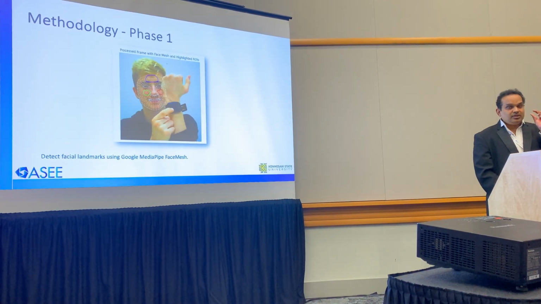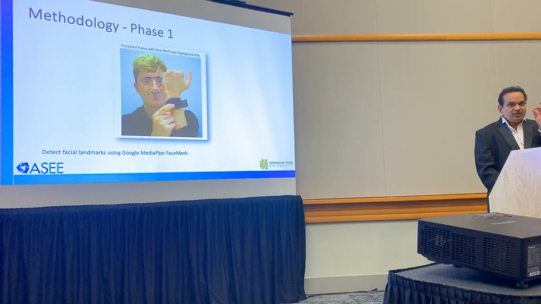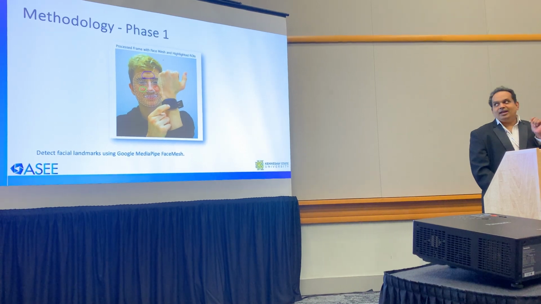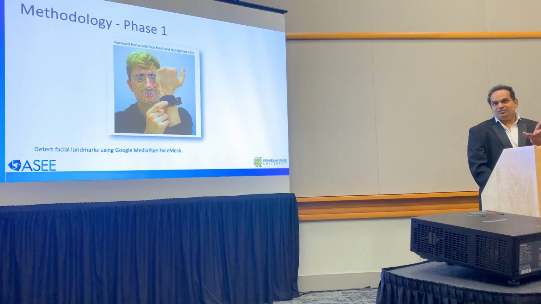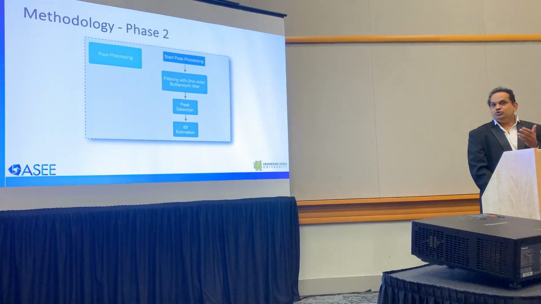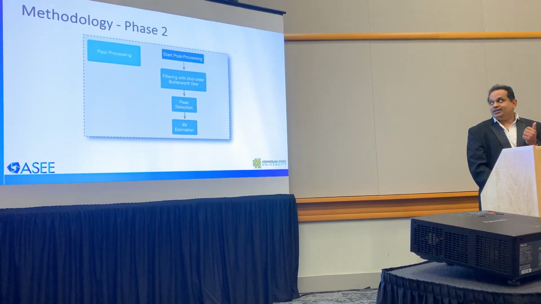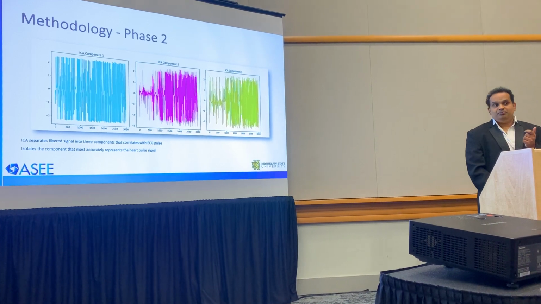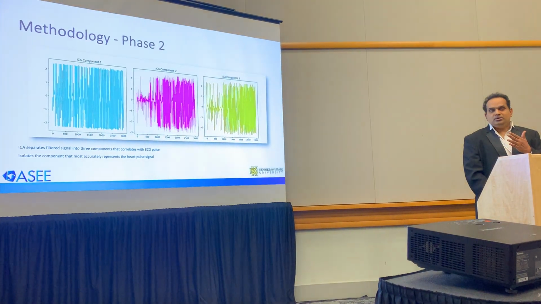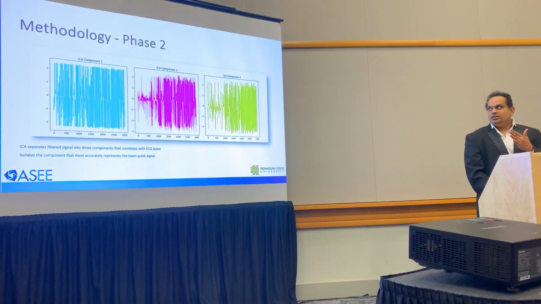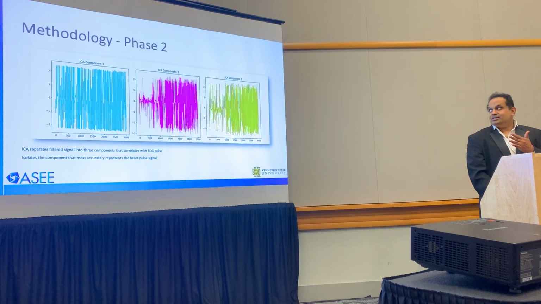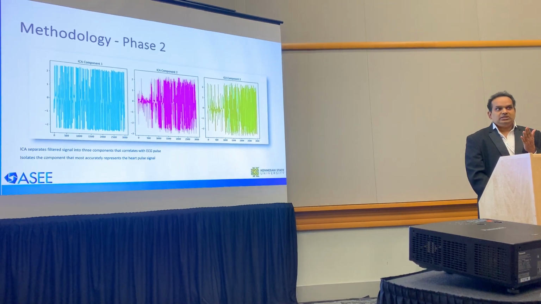Because every time the heart pumps blood, the blood volume increases and the color slightly changes, and the technology is now capable of picking it up. Right. And then we go through certain processing to find the detection of the peak. And we split the signals into components using ICA, so that we get a clean signal which represents the heart pulse rate.